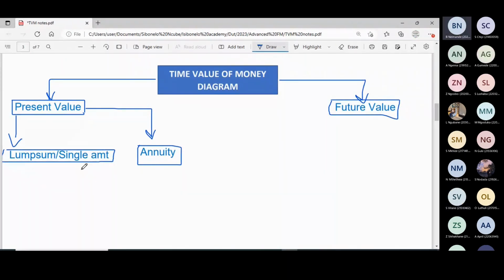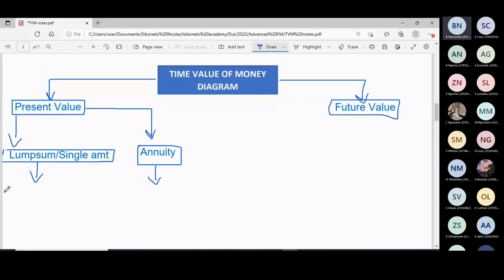Now, what is the formula that we use to calculate the present value? Because these two are not the same, we use different formulas. There's a formula that we use to calculate the present value of a lump sum, and there is another formula that we use to calculate the present value of an annuity. So I will write it here. Please guys, make sure that you take some notes because this will help you a lot.